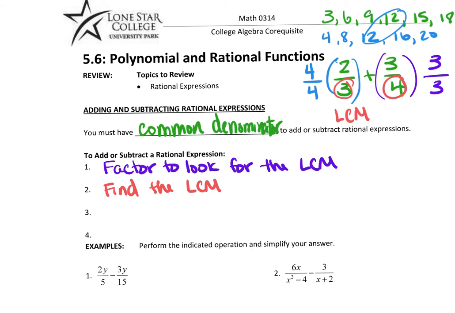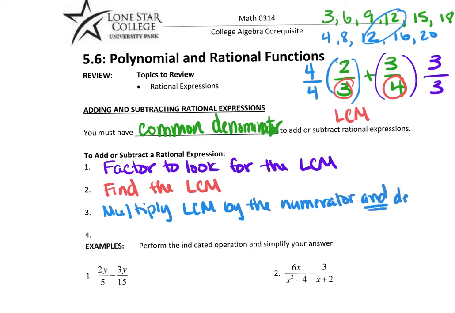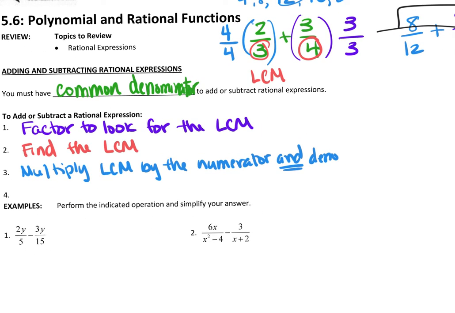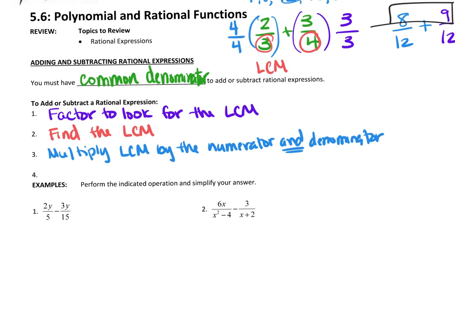Third step, multiply the LCM by the numerator and denominator. And then the last thing you're going to do, at the very end, is simplify the expression by reducing.